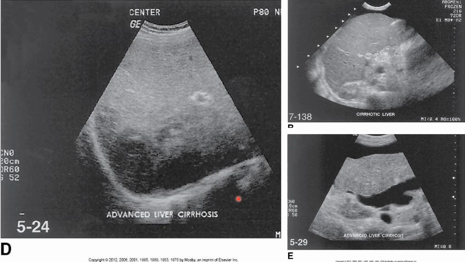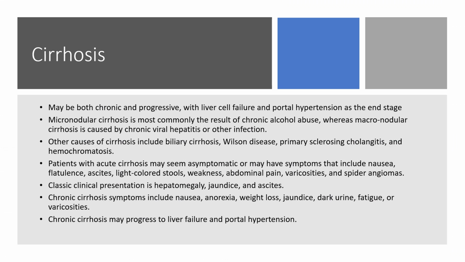So as the liver goes into cirrhosis, it's initially going to get enlarged. And then as the necrosis and the scarring happens, that liver is going to start to atrophy and shrink, and that's when you start to see ascites. Cirrhosis tends to be both chronic and progressive with liver cell failure, and at the end stage, you're going to see that portal hypertension.